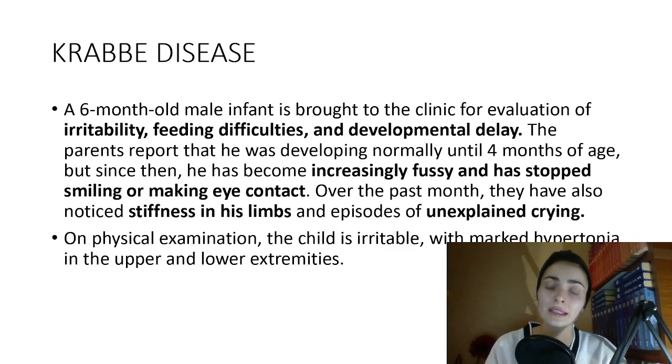On physical examination, the child is irritable with marked hypertonia in the upper and lower extremities. Hypertonia means increased muscle tone, but I want to note and clarify that neither decreased nor increased muscle tone is beneficial for the working of the muscles. Both of them can be damaging, and both of them impair muscle work.